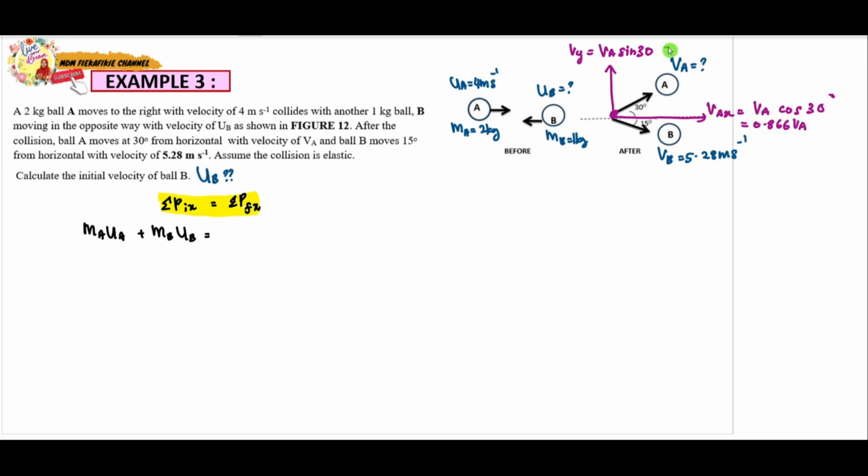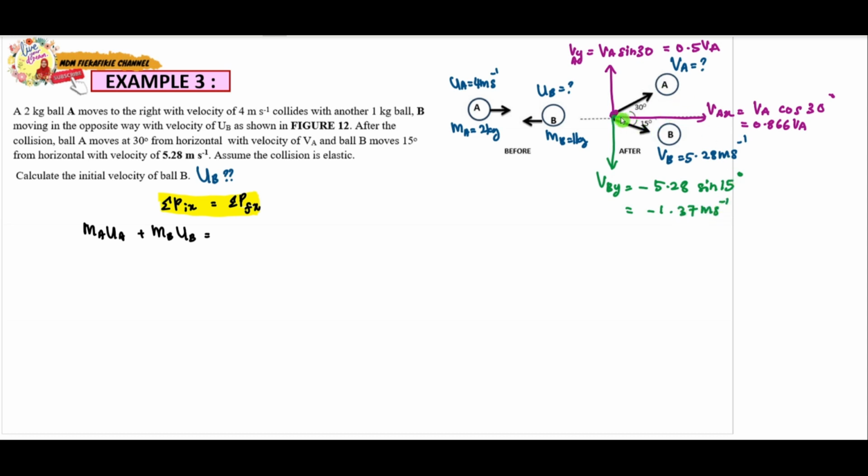And VY, okay, ini VAX, ini adalah VAY. Okay, so you akan dapat 0.5 VA. Okay, so another one VB. So VB kita ada kat bawah ni, VBY negative, okay, 5.28 sin 15 degree. So negatif jangan lupa ya. So negative 1.37.